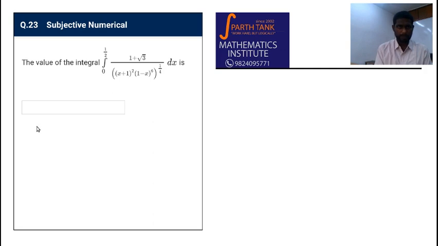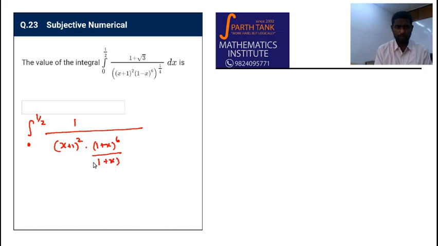Let us keep that 1 plus root 3 out of the whole scenario. The limits also, let us worry about the limits later. Okay, keep the limits 0 to 1 by 2. The denominator is, if I multiply another (1 plus x) power 6 and divide by (1 plus x) power 6.